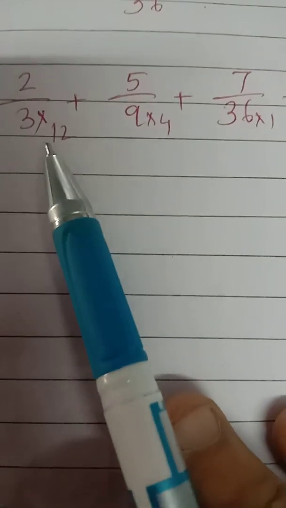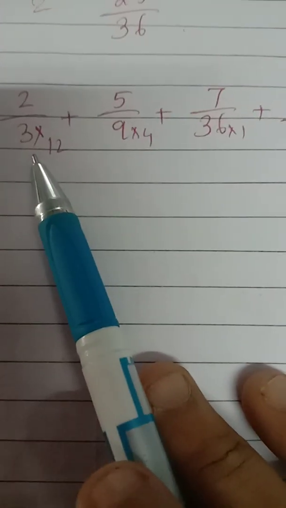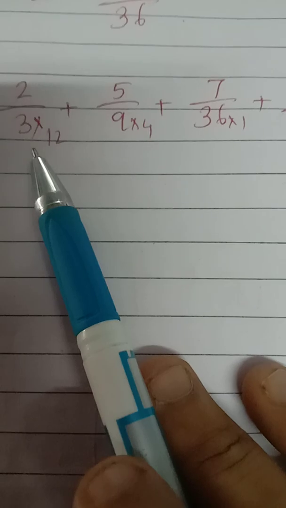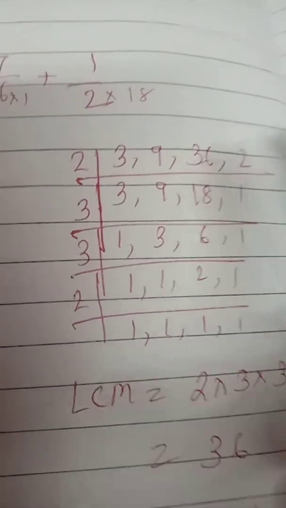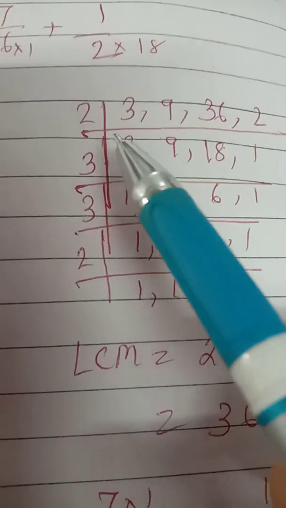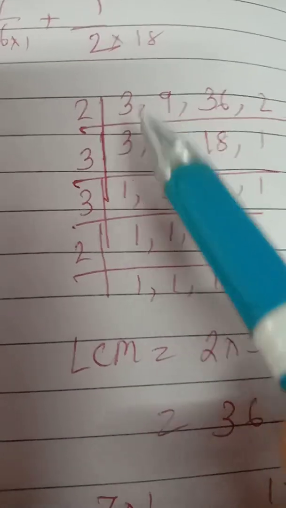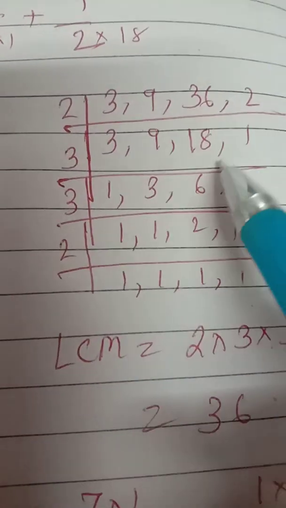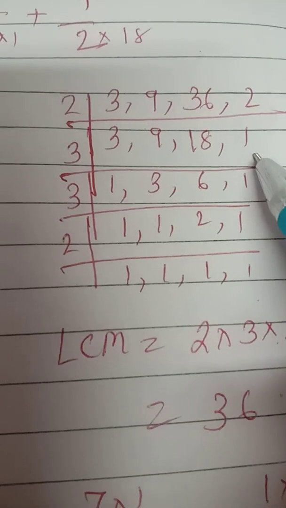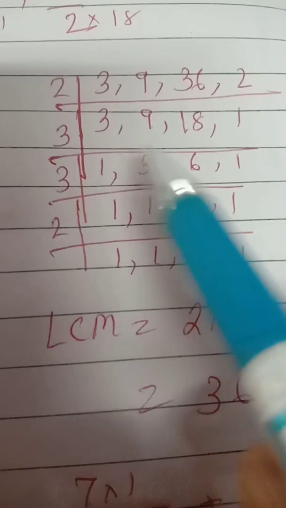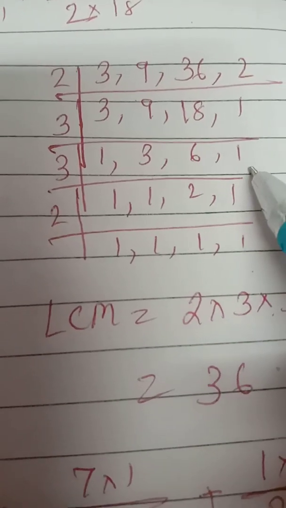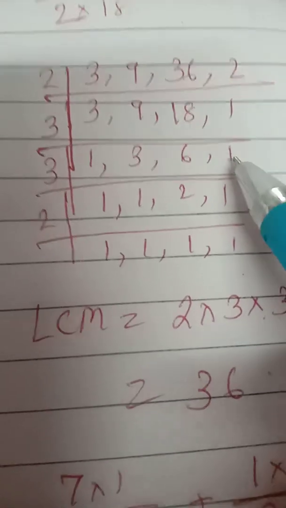So first of all, find the LCM of the given denominators 3, 9, 36 and 2. Apply 2 first: 3 as it is, 9 as it is, 2 18s are 36 and 2 1s are 2. Now apply 3: 3 1s are 3, 3 3s are 9, 3 6s are 18 and 3 1s are 3, 1 as it is.